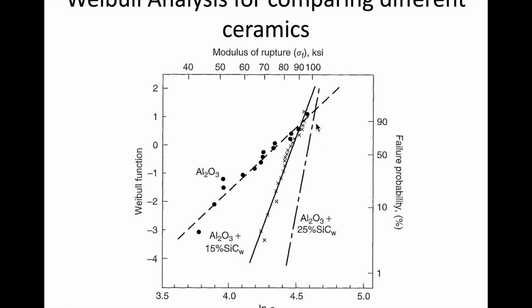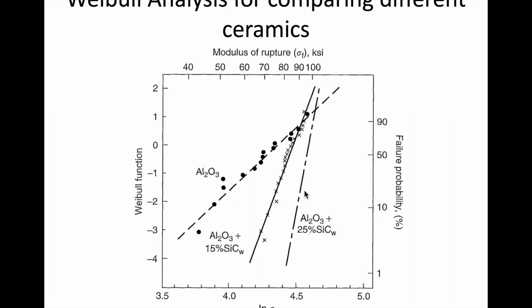This is a very steep slope, so the number is going to be much higher, and the data is not spread out over a large range. So it's more predictable, in terms of if you know one sample, how the other strengths will be. So in general, a higher Weibull modulus, or m, or slope, means greater consistency in the data.